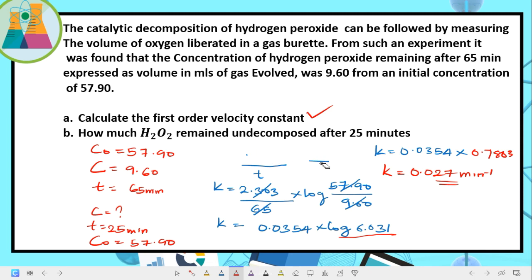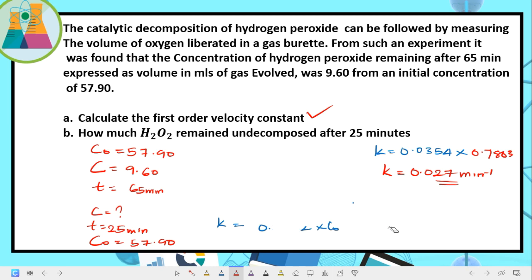Now using that to work, following the formula given, what will be the answer? Let me erase what we have here, so we erase everything aside from our value for k. What was the value for k that we just wrote down?